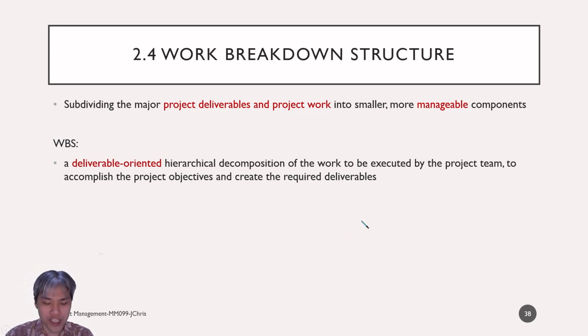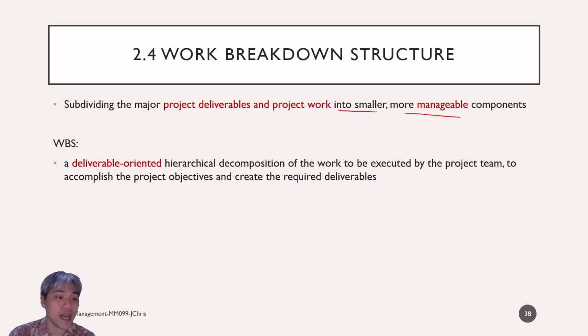For a small project, usually we do not focus so much on the many other documents that you're seeing here in a bigger project. But even though the project is small, we will usually have a work breakdown structure, a WBS. The WBS subdivides the major project deliverables and project work into smaller, more manageable components.